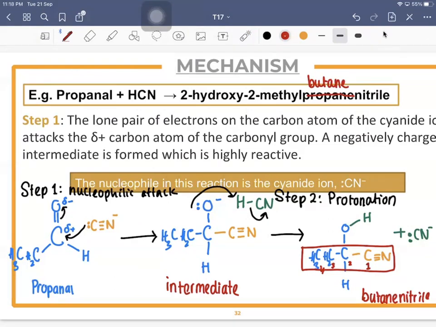You can't have the same number of carbons because you've just added your nitrile group. So that is a butanenitrile, and your side chain is called the hydroxy group.